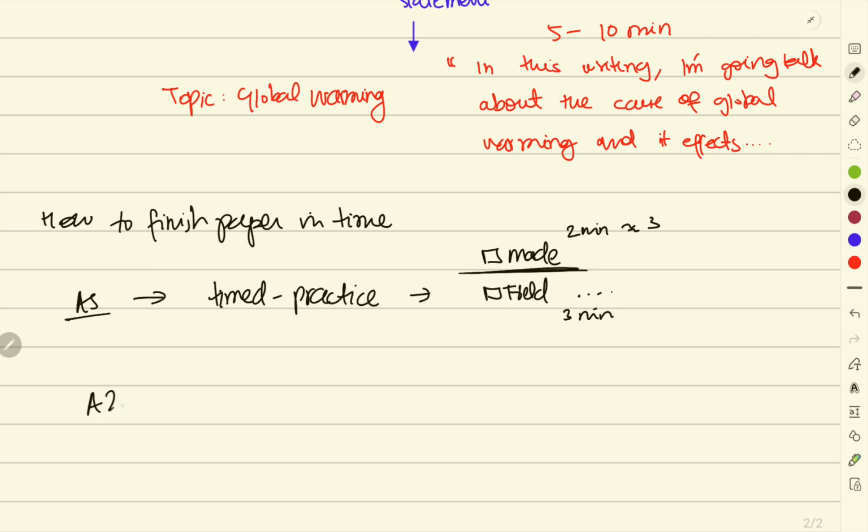Then talking about A2 students, you have more time, you have 2 hours. What I do right now is take out 15 minutes for reading texts, because if you don't understand what's going on in the text, you can't really do much.